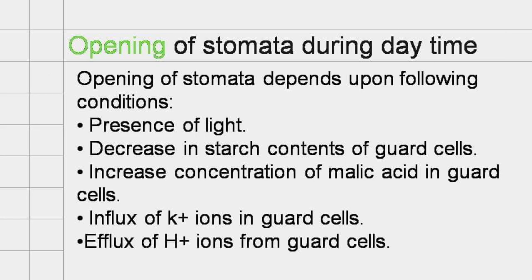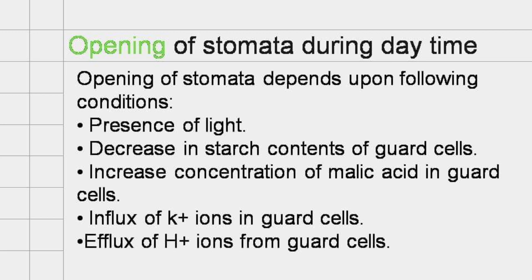So the opening of the stomata during daytime considers different conditions. First is the presence of light. Second is the decrease in starch content of guard cells, the increased concentration of malic acid in guard cells, the influx of K+ ions in guard cells, and lastly, the efflux of H+ ions from guard cells.